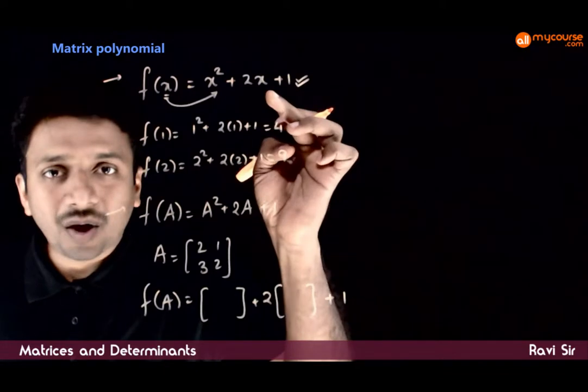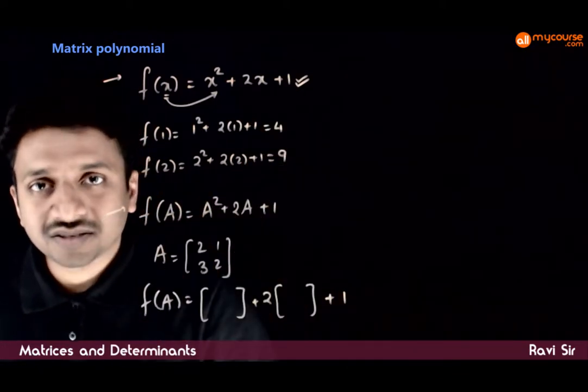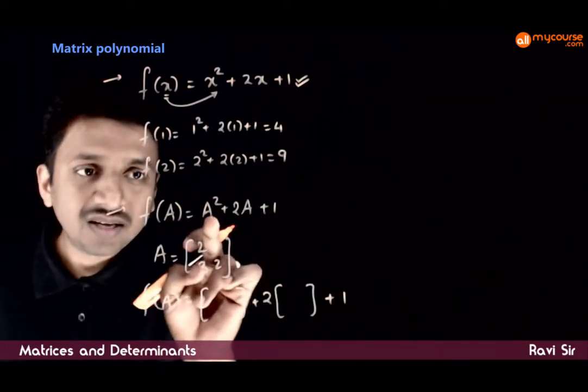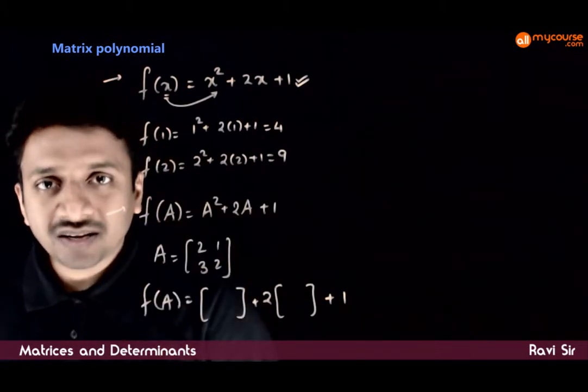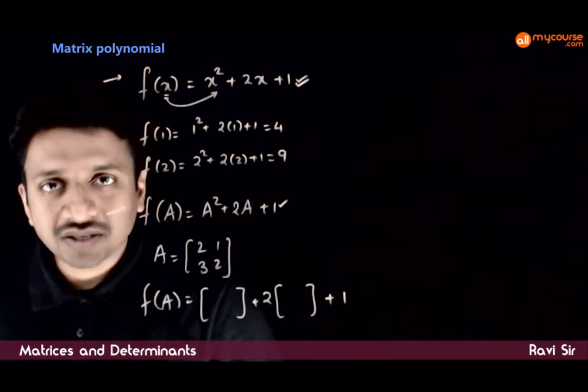To make a polynomial defined over matrices, A square and 2A are not problematic. The problematic part is the constant.